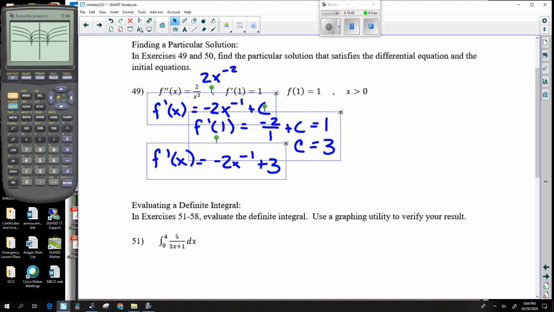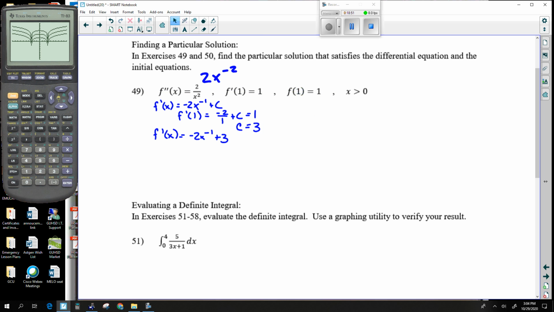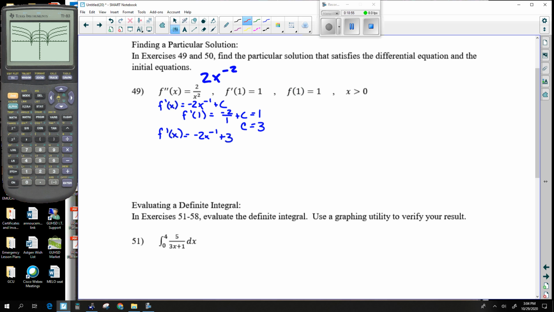Okay, off to the races. Here is where an ln is going to come into play. So the first derivative is the integral of that. So this is going to be negative 2 ln of x plus 3x plus c. It gave me a value of 1.